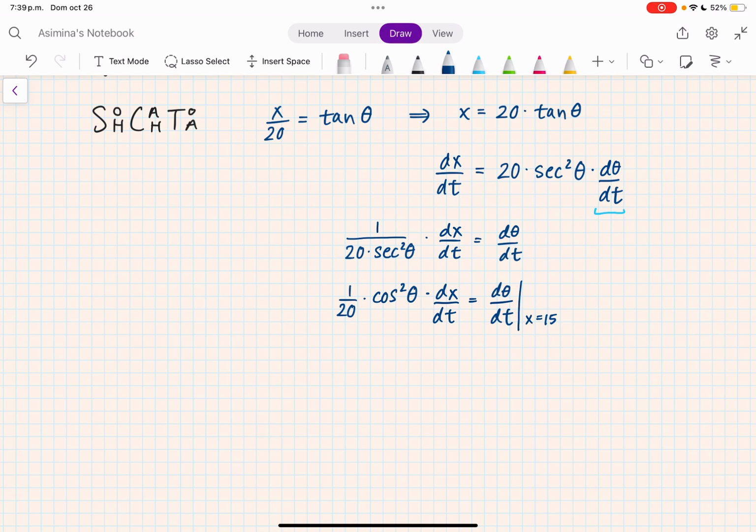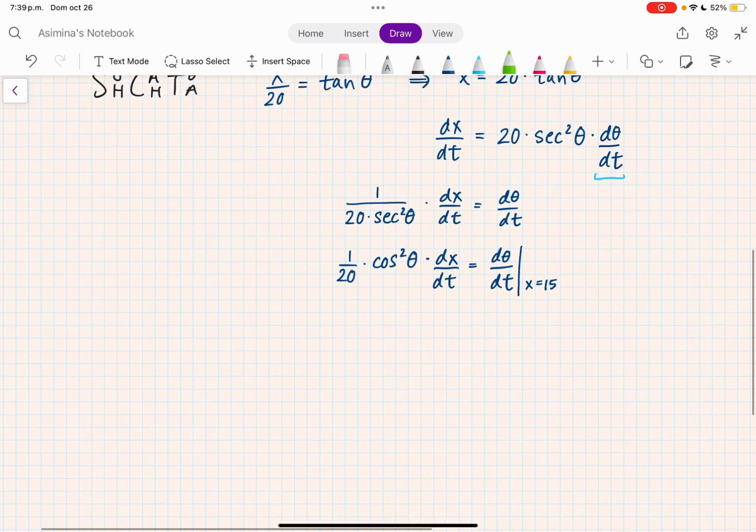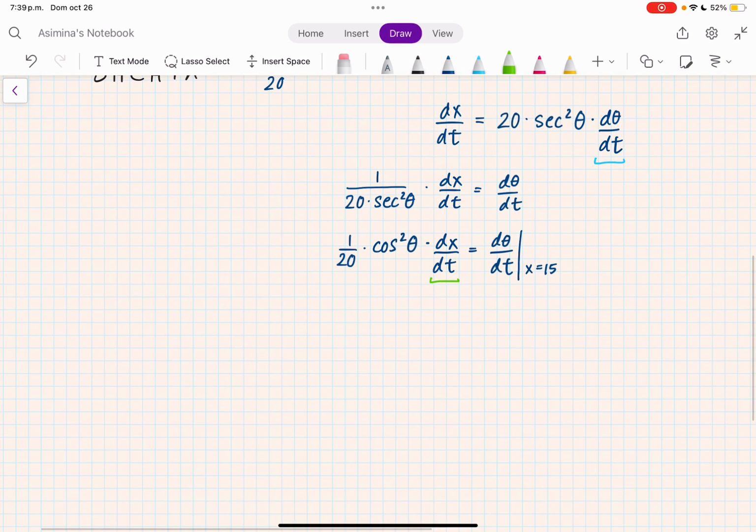And we know that dx/dt from above is 4 feet per second. And we don't know what theta is yet, but we can solve for that. So first, let's plug in everything we know. So this becomes 1 over 20 cosine squared theta times 4.